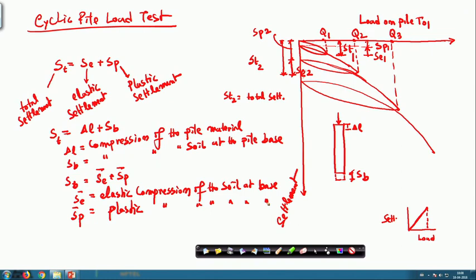Okay. So, finally, I can write that ST is equal to del L plus SE bar plus SP bar.